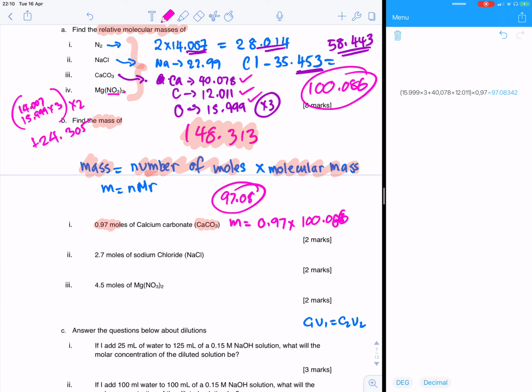Okay, then 2.7 moles of sodium hydroxide. So M equals 2.7 times the sodium chloride. Sodium is 22.99 and chlorine is this. What was the total for this one? Must be this one, 58.